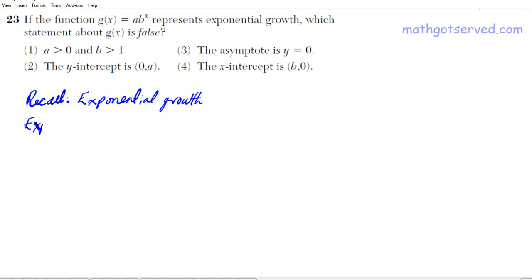So exponential growth functions are increasing functions.